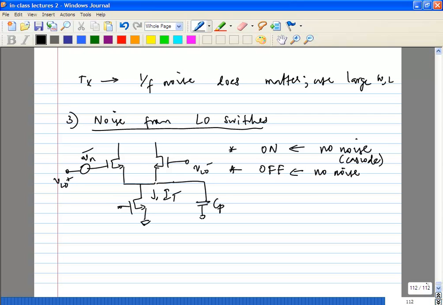All it does is change the switching instant of the two devices. So let's say this was your LO signal. Let's assume it's sinusoidal for now, and that is true in most of these cases. And let's say you have some kind of noise. That's your Vn.